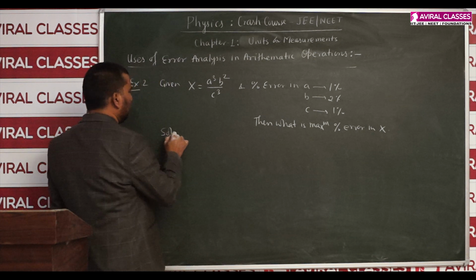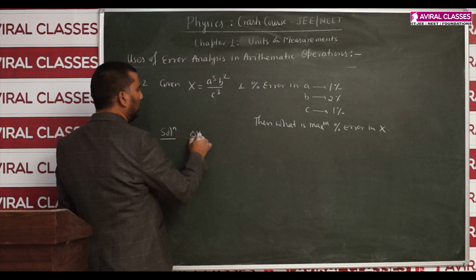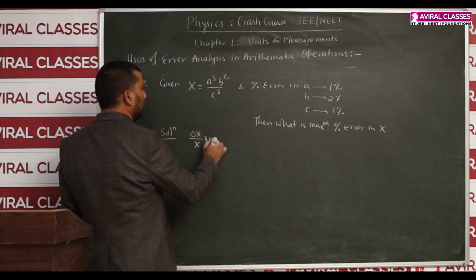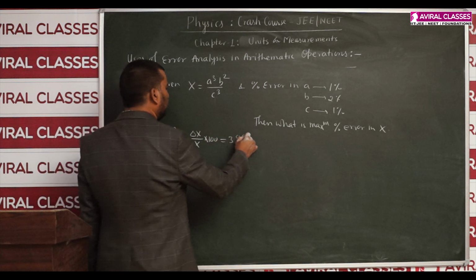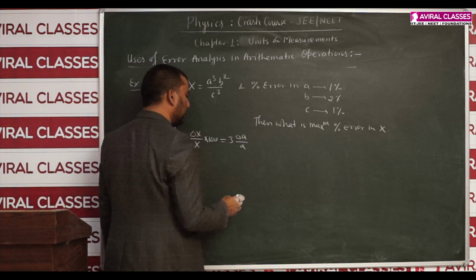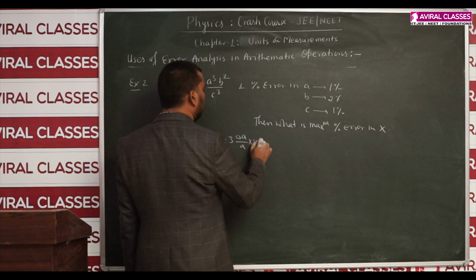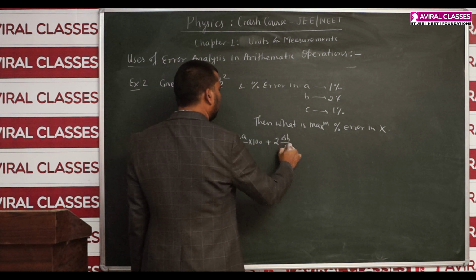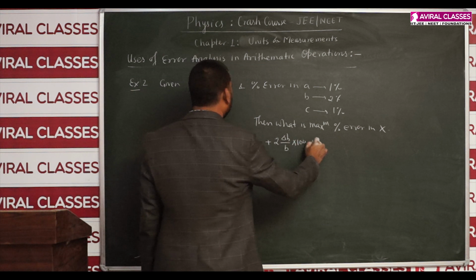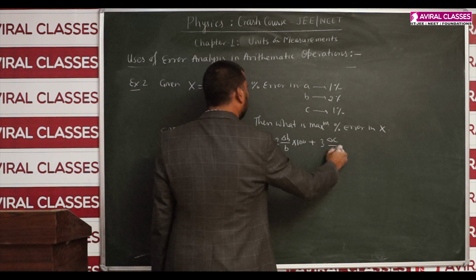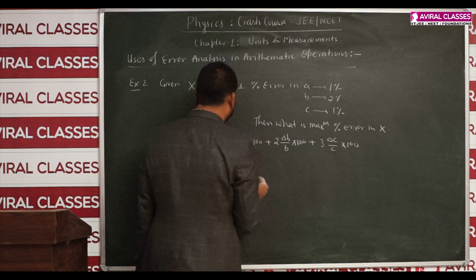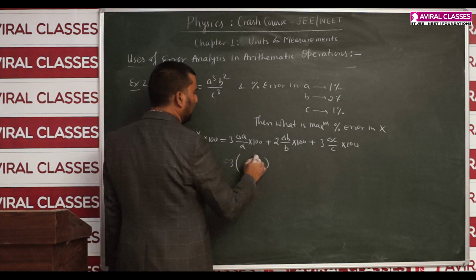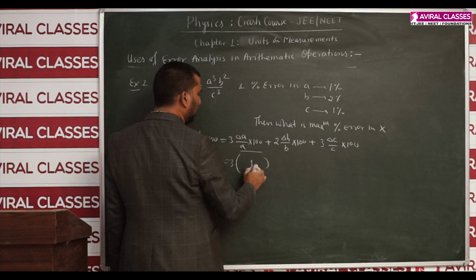Now, as per our rule, percentage error in X is the sum of the power times percentage error of the individual quantity. It is given as 1%.